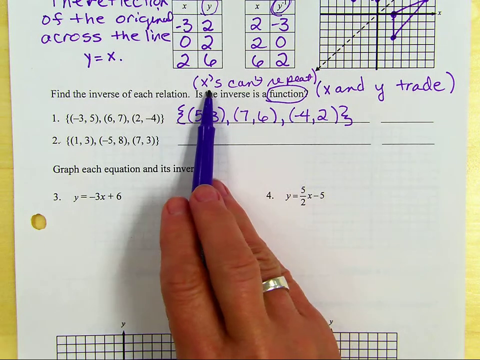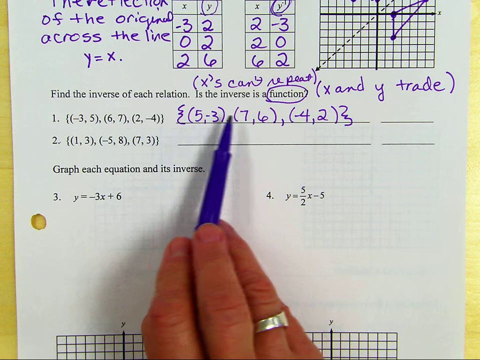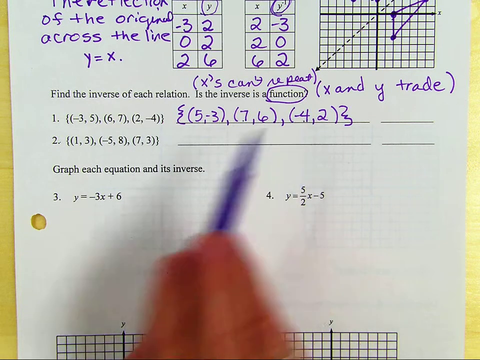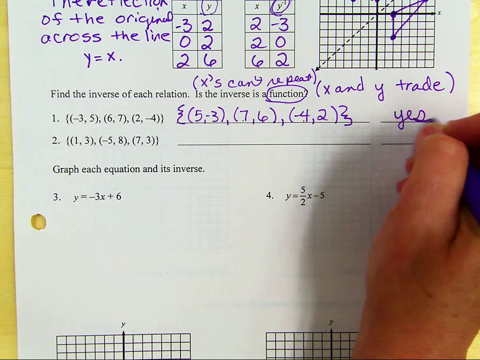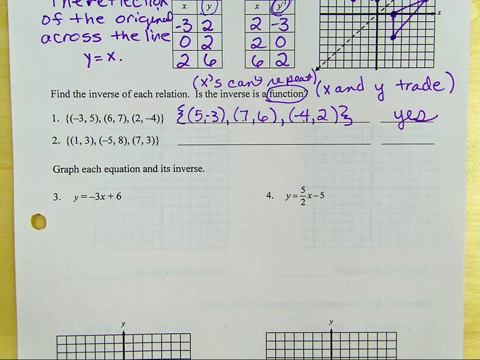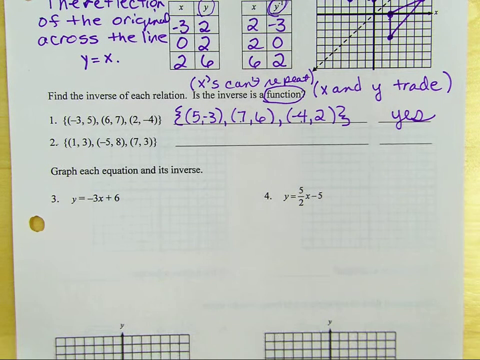If the x's repeat, it's not a function. So 5, 7, -4, no repeating x's, so yes, it is a function. If the x's are each only one time, then it is a function.